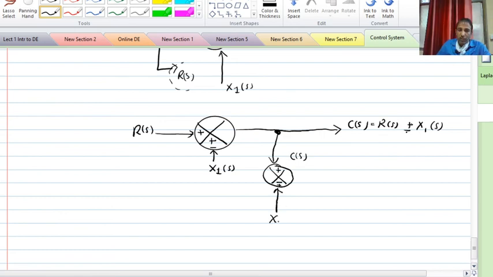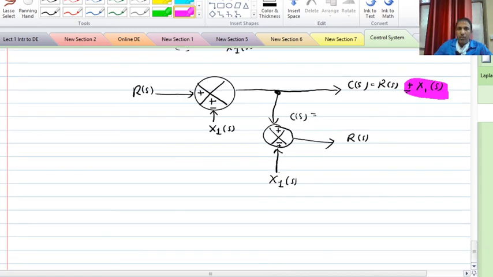So this is X1S, and this will give you the same signal, that is RS, because this will cancel this part of the signal. Okay, so this is about takeoff point.